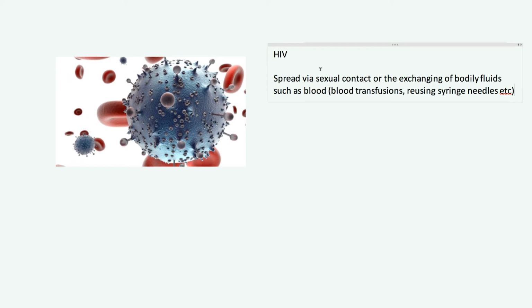Don't worry though, that sounds really horrible. In order to give blood, you are screened for these kinds of viruses, and so therefore that doesn't happen. But if something went wrong, then that would be possible and has unfortunately happened in the past.